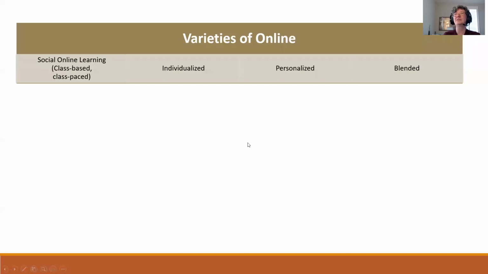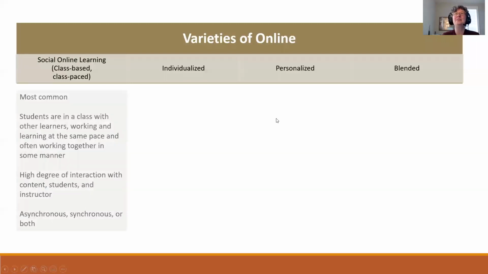I'm not going to go into all of these because it would take me a lot of time just to go through the definitions. But I wanted to at least provide you this slide, with all the detail in it, so that you can go back and read it if you want to. So we'll primarily be focused on social online learning, which means it's class-paced and class-based rather than individual.